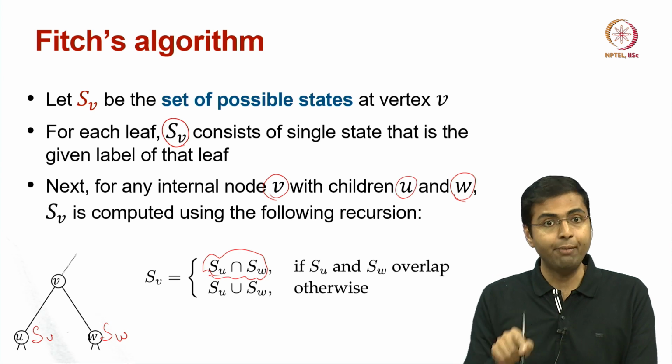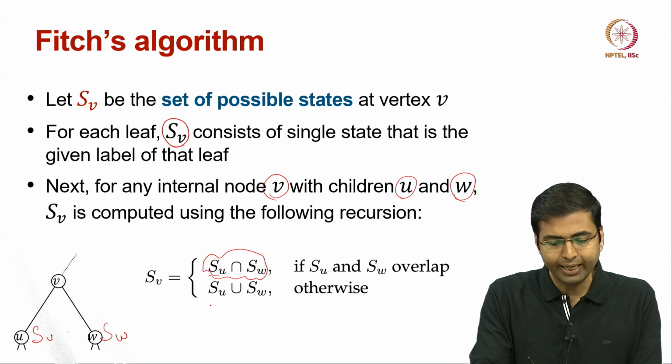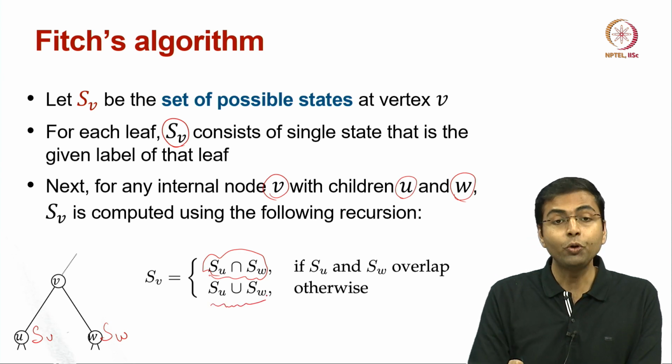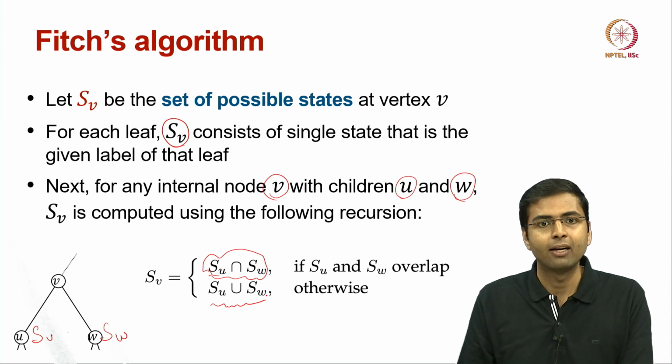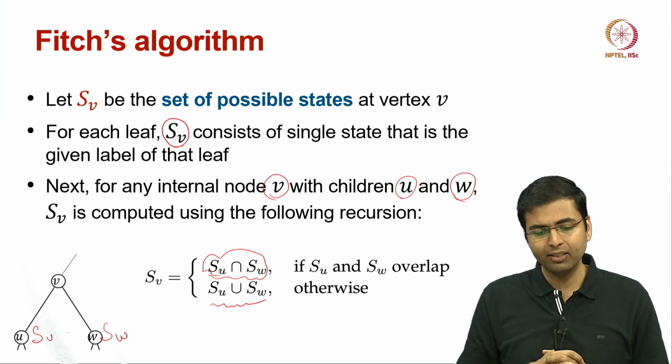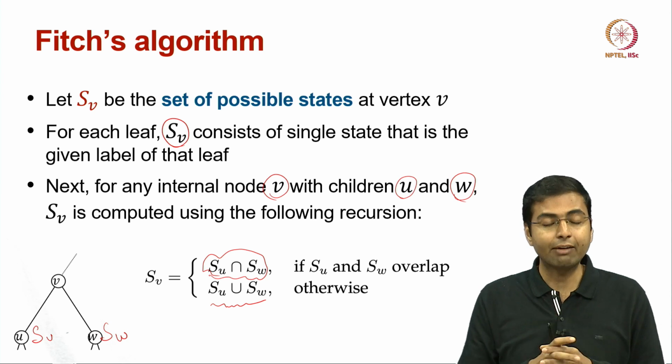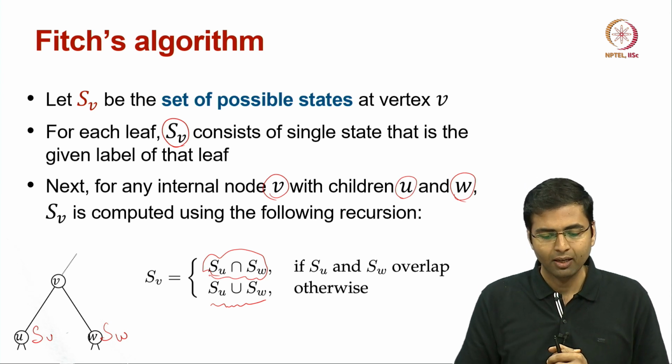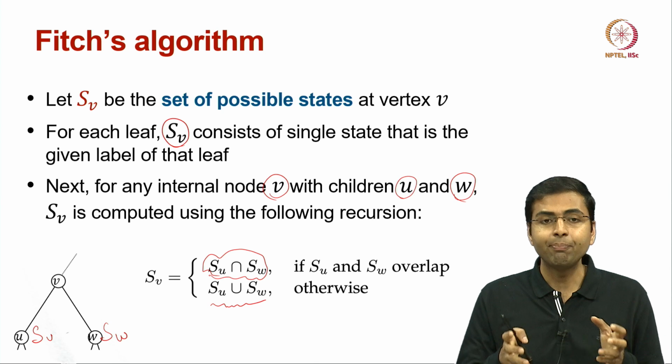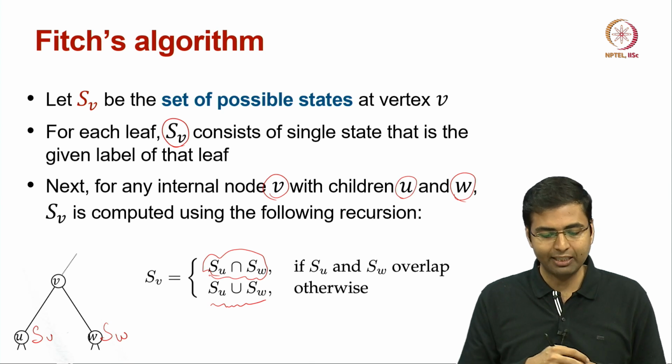However, if the intersection is empty, then we will simply say that S_V equals the union of both sets. Now it is not entirely clear why we are doing this, but that will be clear in a few slides. But that is the simple algorithm, that is how the Fitch algorithm works.